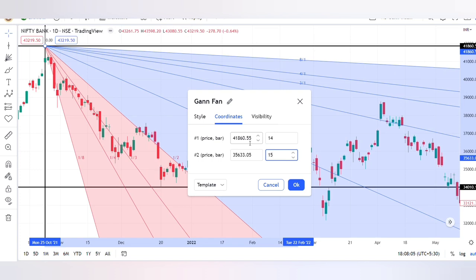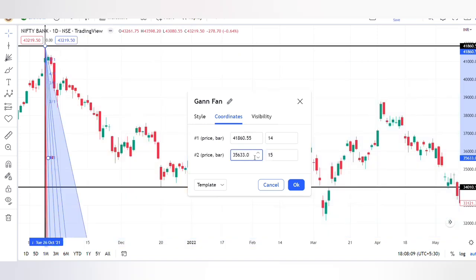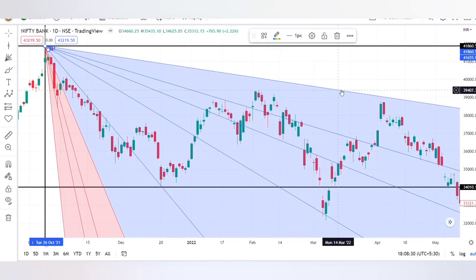So 41,860.55 minus 204.6 equals 41,655.95. We have subtracted because the second point price is lower as compared to the first point price. Then click OK, and here our Gann Fan is ready and all levels are working perfectly.